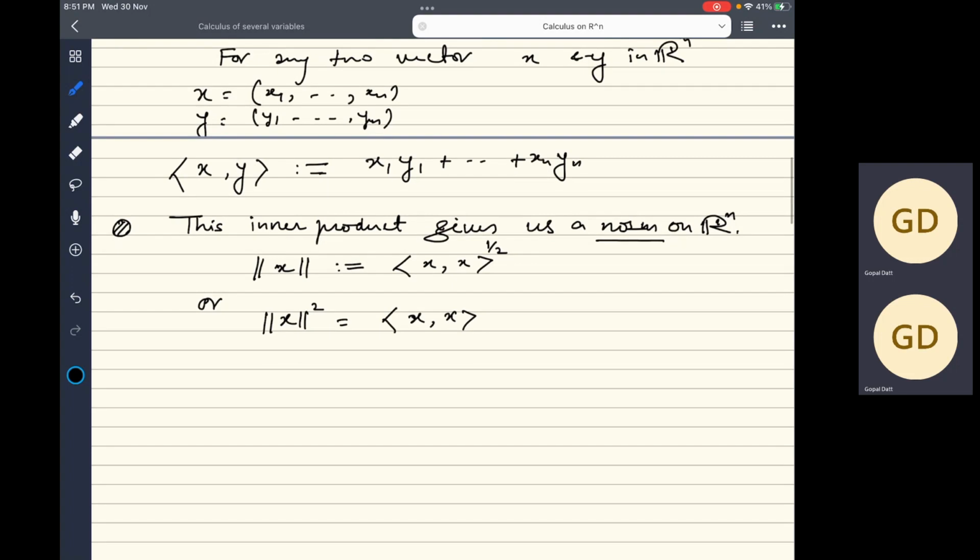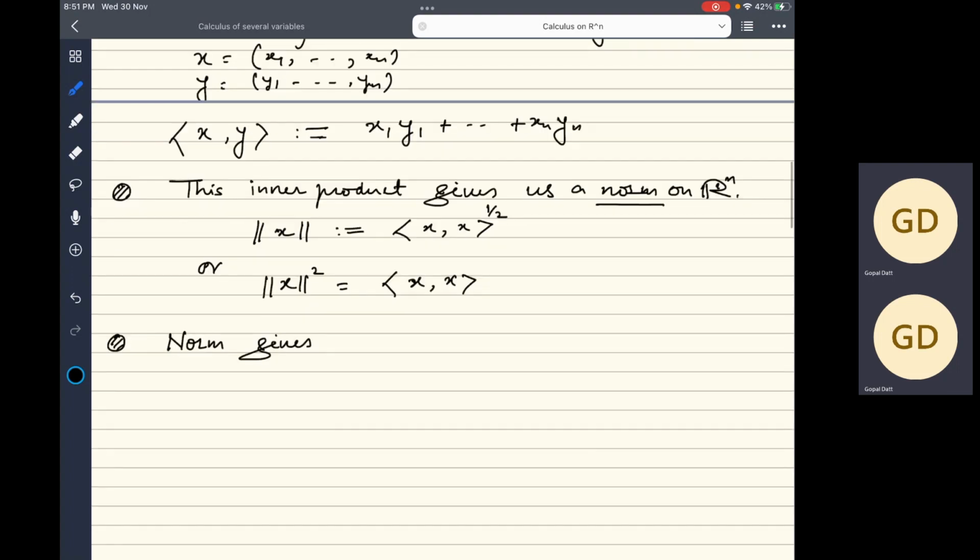Using this norm, we can define distance, which will give a metric space structure on Rn. So norm gives a metric or a distance. How do we define that metric?